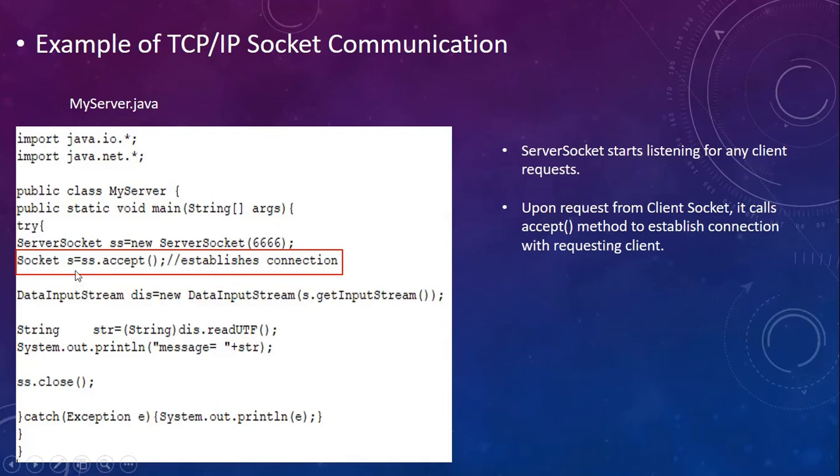If the client request comes, that's why I have created object s of the Socket class, which refers to the client socket. Socket s equals ss.accept means the server socket is calling the accept method, and after calling it, it has agreed to establish a connection with this socket. So this is how a socket and the server socket are connected. Fine.